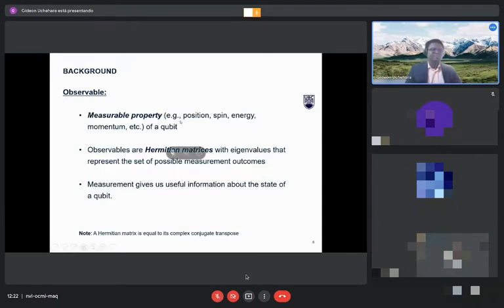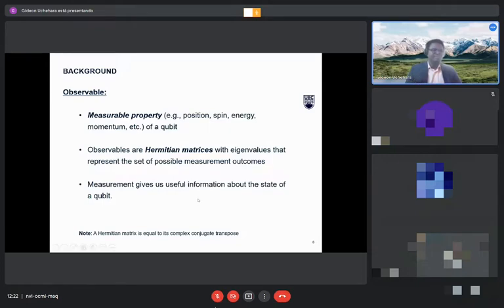We can measure properties such as position, spin, energy, momentum, etc. And these observables are always Hermitian matrices with eigenvalues that represent the set of measurement outcomes you can get when you measure these properties of a qubit.